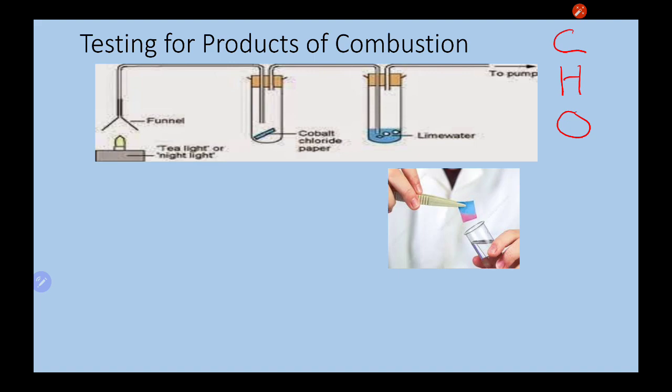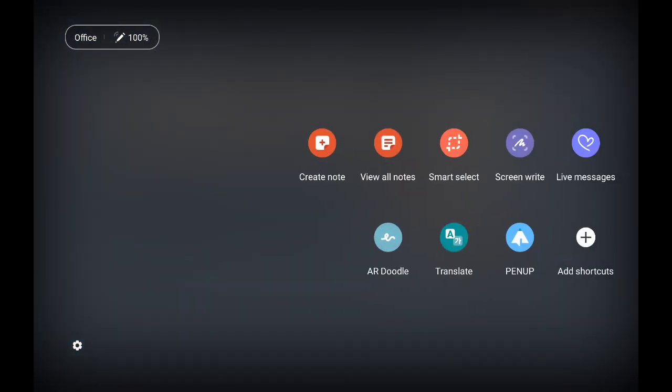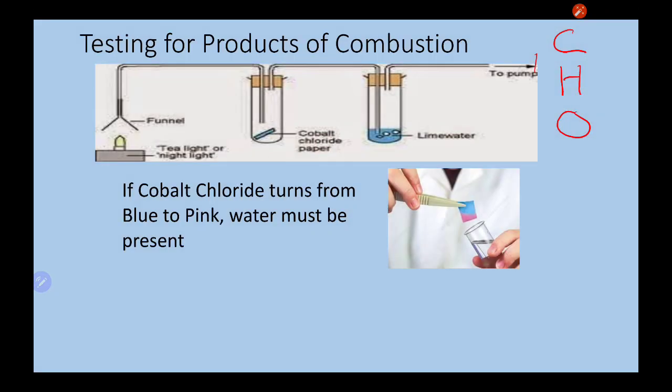But we need a test to prove that. So, what we've got here is a test. You will have seen this in S3. The tea light candle is our fuel, and the gas is going to be given off. We've got a pump at this side, and that's going to be drawing all that gas that's coming off.